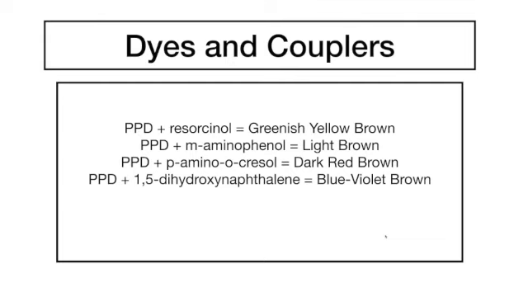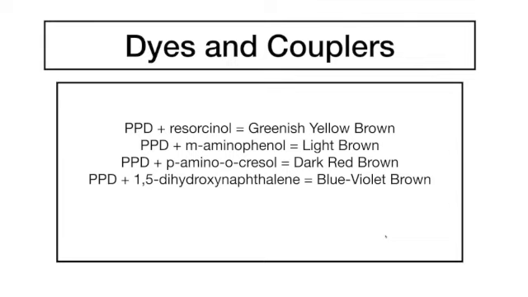But when you mix PPD with m-aminophenol, you get a light brown color. When you mix PPD with p-amino-o-cresol, you get a dark red brown. And when you mix PPD with 1,5-dihydroxynaphthalene, you get a blue-violet brown.